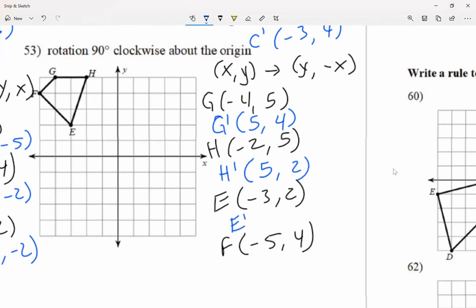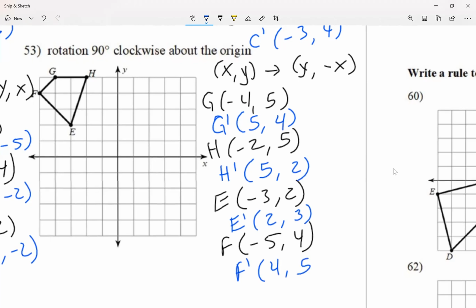E prime is going to be (2, 3). And lastly, F prime is going to be (4, 5). You plug those in, and you should be good.